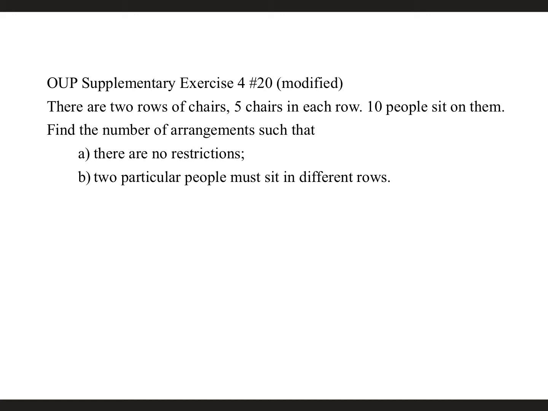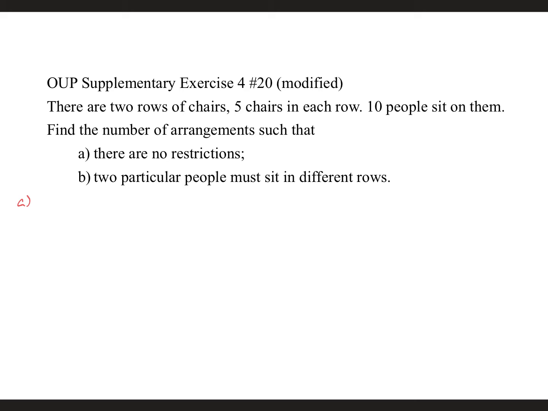Now, we must think like this. First of all, for part A, it's easy because suppose we think about the 5 chairs in each row. Actually, we can just think about combining both rows into one single row.